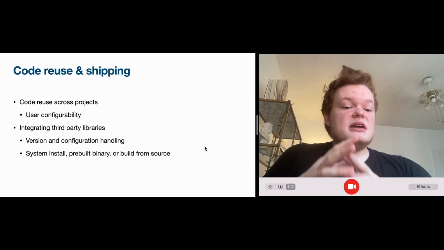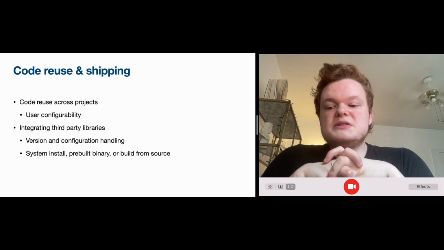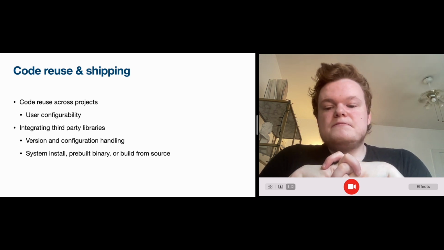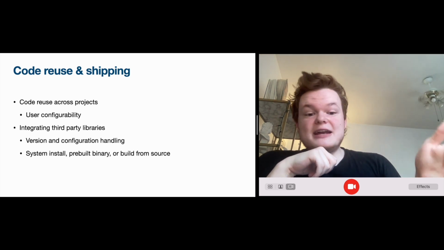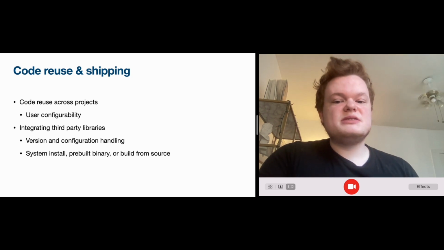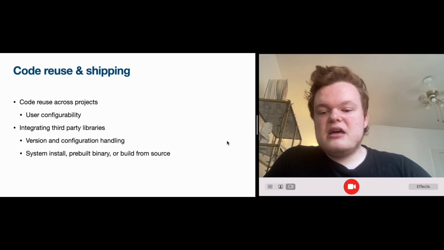And another use case that CMake supports is that you can either use a system install of a library, or you can point it to somewhere where it can find a pre-built binary, like maybe a cache that's local to this project or something that's not on the system-wide library path.